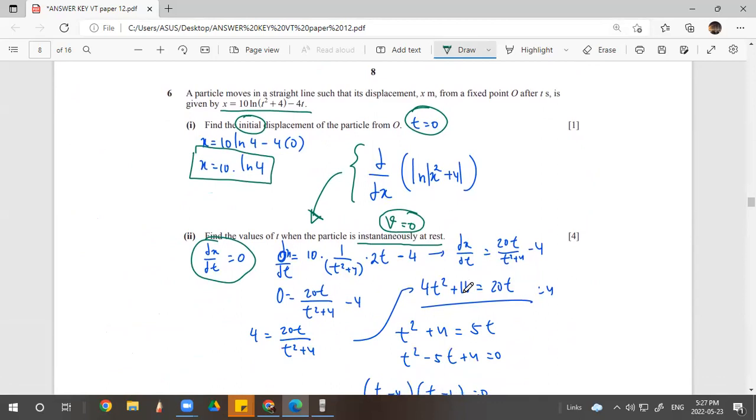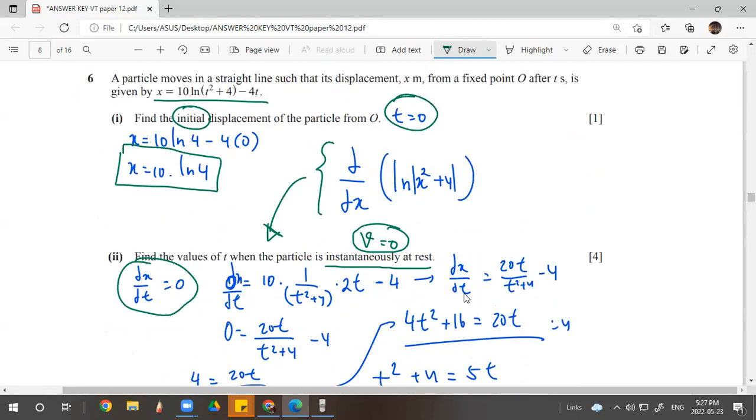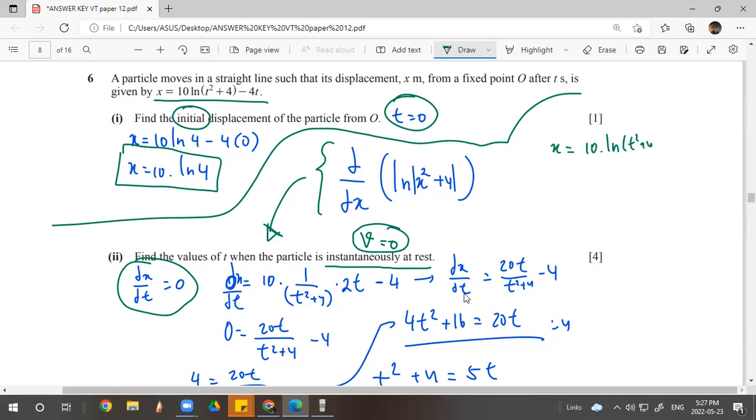I'll give you the workings. So let's say x equals 10 times ln (t squared plus 4) subtract 4t. So I put dx over dt. Look at the workings, look at the process. 10 is the constant, let it be. And then ln becomes 1 over, right? 1 over the argument, t squared plus 4.